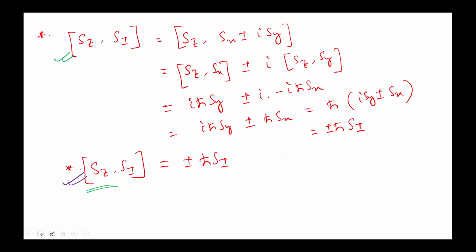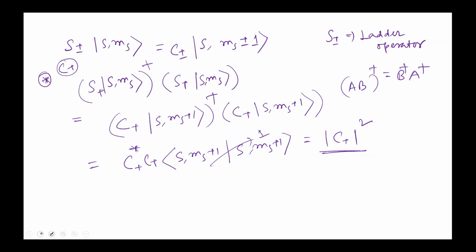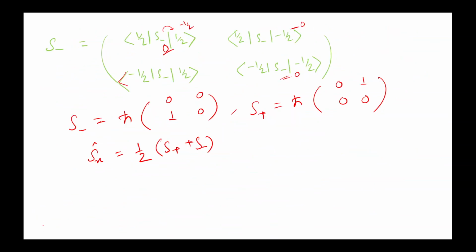So you can now write Sy as 1 by 2i S plus S minus, or you can just multiply i here and i here, so you will get minus i by 2 S plus S minus.